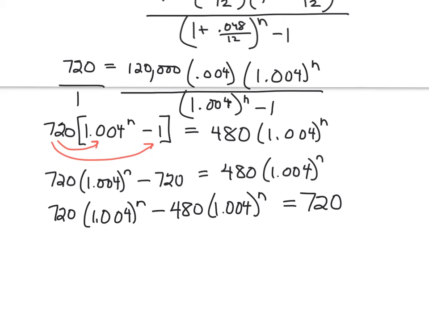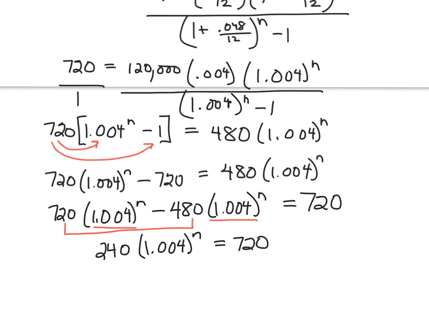Now you'll notice on the left side that these two terms are like terms because they have coefficients that are different. That's okay. But then they have 1.004 raised to the nth power. So I'm going to subtract 720 minus 480, and that gives me 240 times 1.004 to the n equals 720.